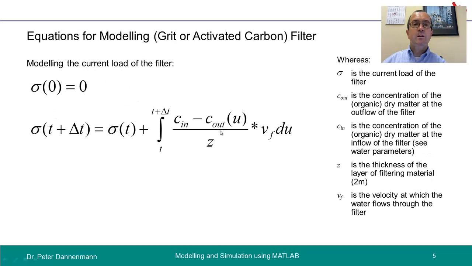This is done by integrating over time the difference between the initial concentration of the matter in the water and the concentration at the outflow, divided by the thickness of the filtering layer, multiplied by the velocity at which the water passes the filter.